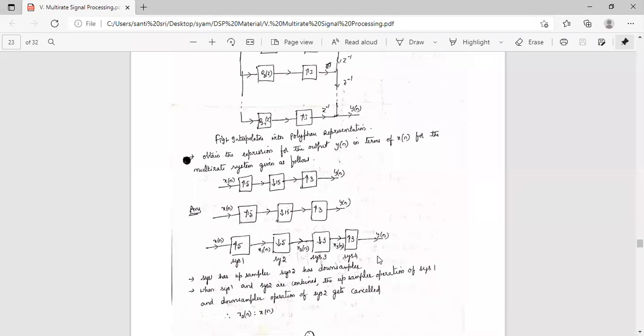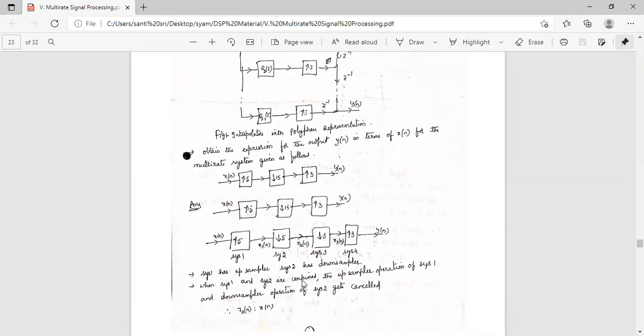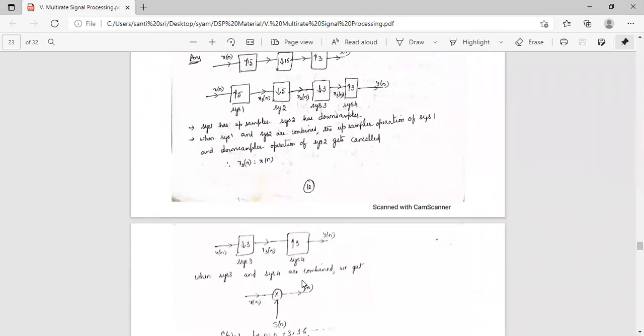So when system 1 and system 2 are combined, the upsampler operation of system 1 and the downsampler operation of system 2 get cancelled. So x2 of n is equal to x of n directly, as these operations cancel.